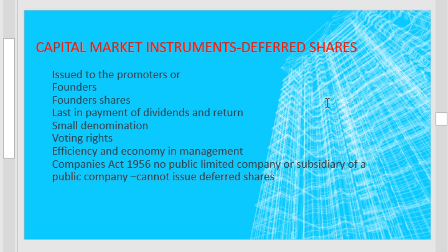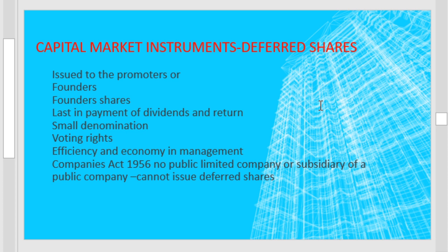These shares rank last as far as payments of dividends and return of capital is concerned. They will get the dividends as well as the return after settling all the payments of dividends and returns to all other shares.